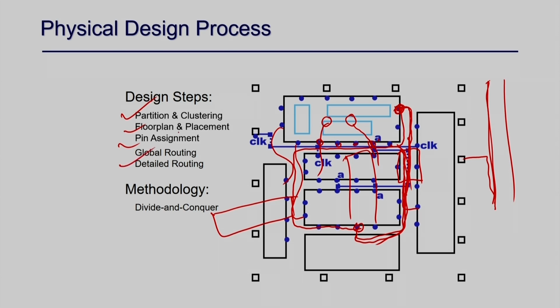So that you understand the basic essence of this whole process: you break your big design into multiple components, which is partitioning, and then you decide for each component what the exact area is, and how to place them optimally so that your interconnection cost will be less. Then comes pin assignment, where you decide how many pins you require to make the interconnections for each component.